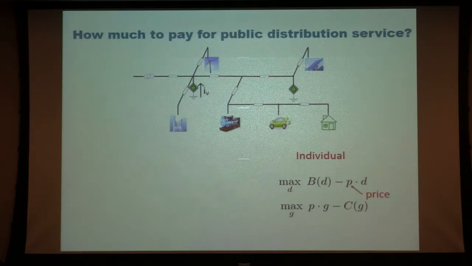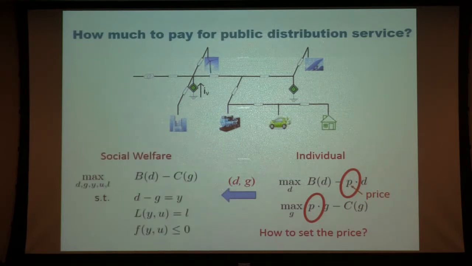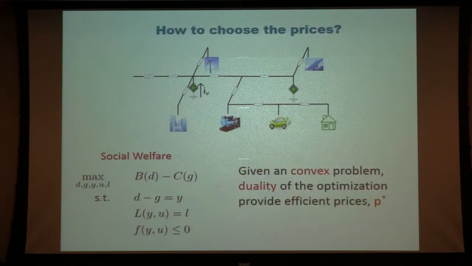Based on the price information, the user is going to choose the best consumption, and the generator is going to choose the best generation. Then the problem translates back to: can we find a price that makes the social welfare maximized? That's the model to find the price. If you find the price, then look at the optimization theory.